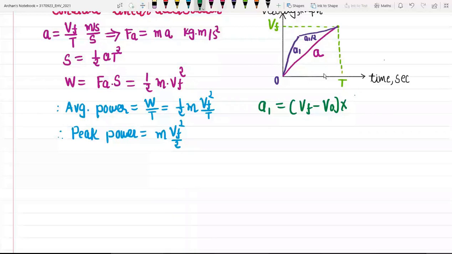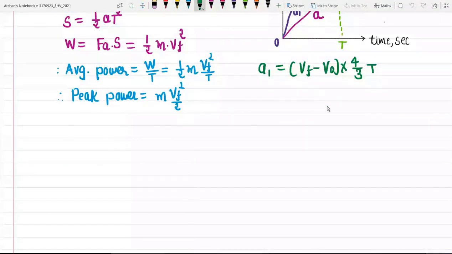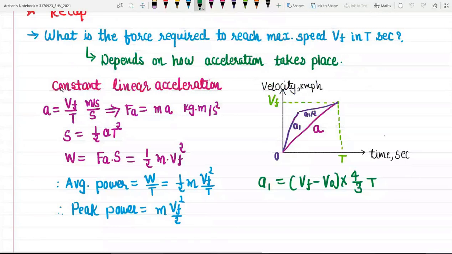So what we can conclude here is that the power required at time t will be 0.667 of that for the linear acceleration case. Whenever we assume constant linear acceleration, the power required will be high compared to this type of acceleration.